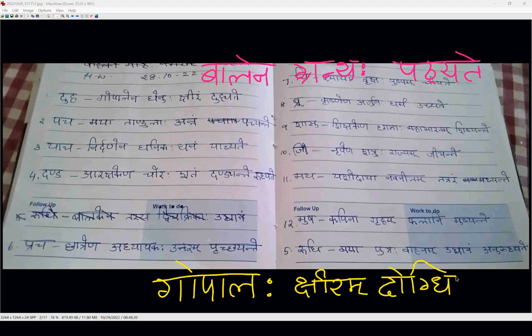So Gopalaha dhenvaha kshiram dogdhi. Now, because it could be in a different karaka, and we want to cast it as a karma here, as if it is a karma.